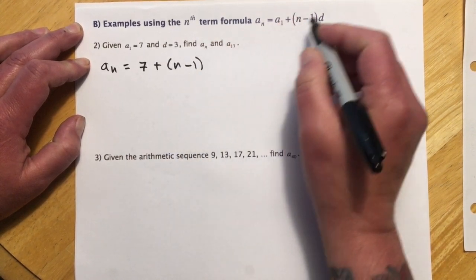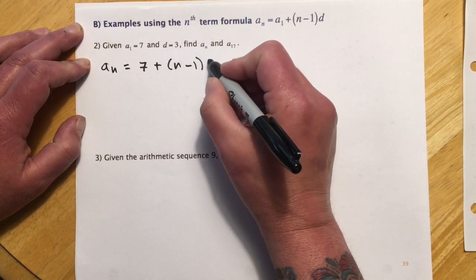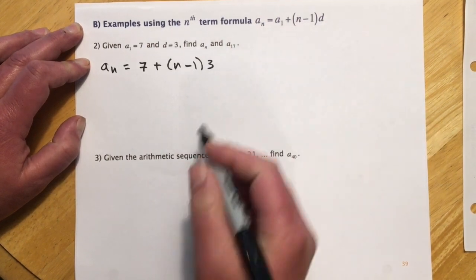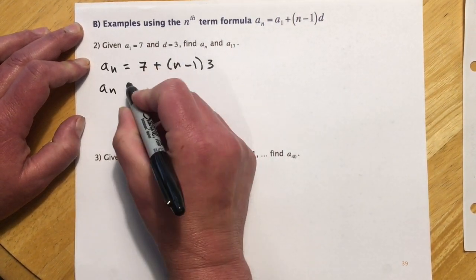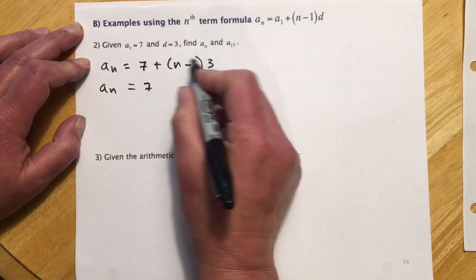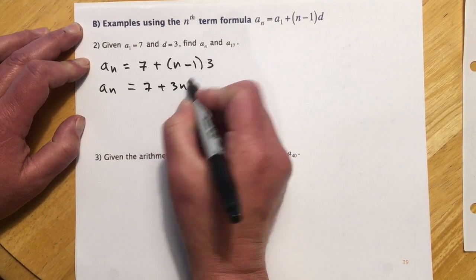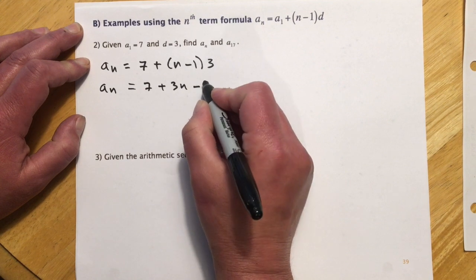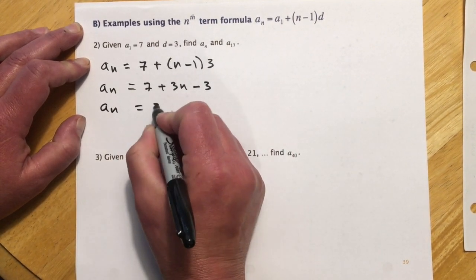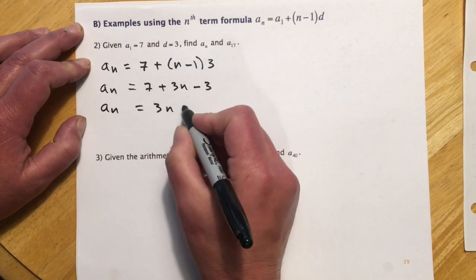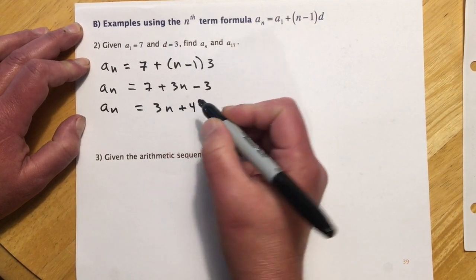It's like the x. And then the common difference they told us was 3. And then I just have to clean this up a little bit. A sub n will equal 7, plus 3 times n, minus 3 times 1, and 7 minus 3. So then a sub n equals 3n, and 7 minus 3 leaves us 4.